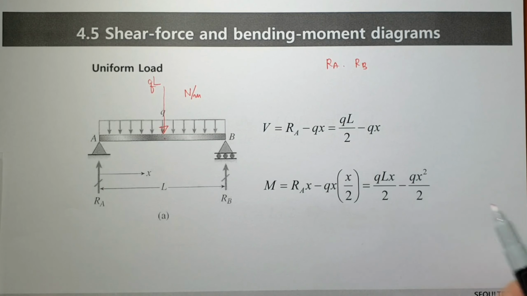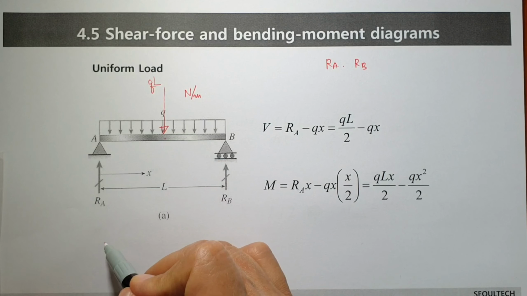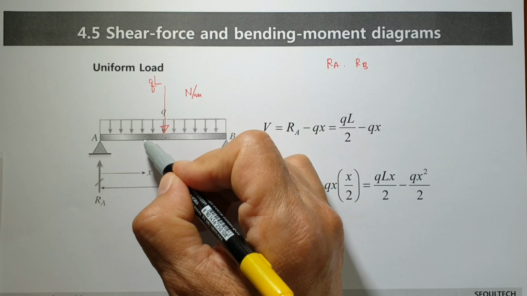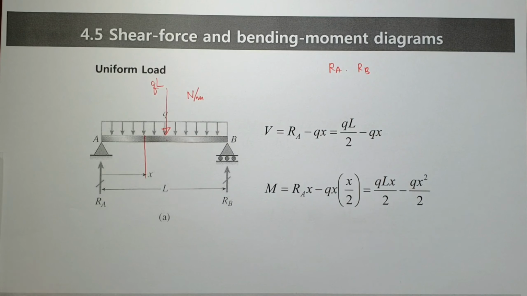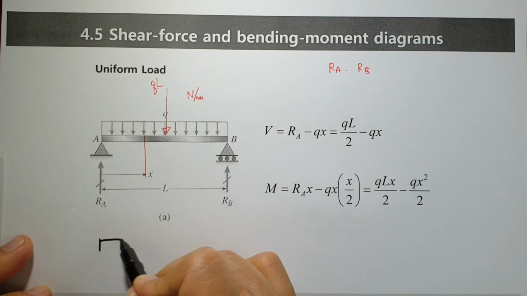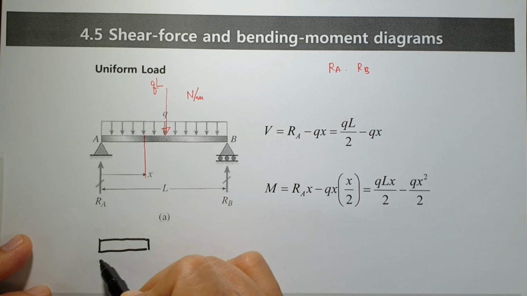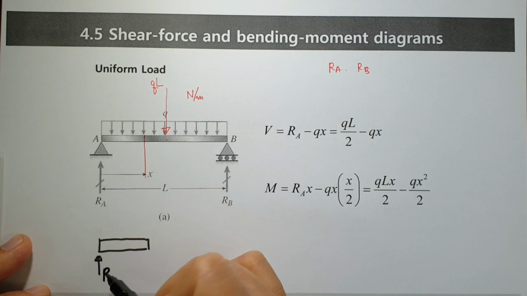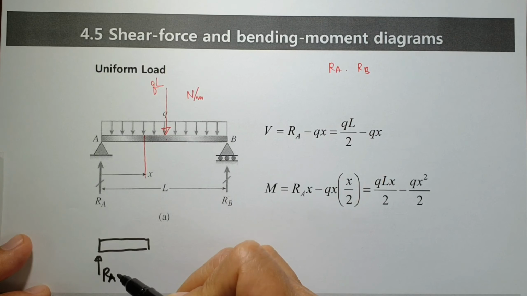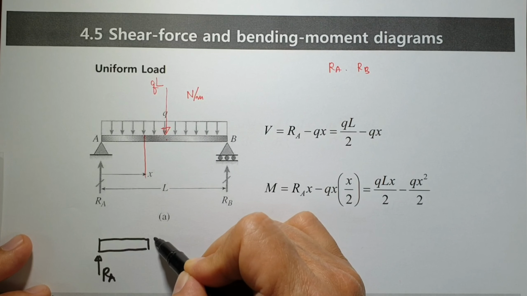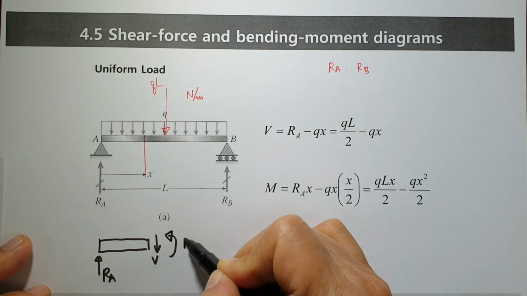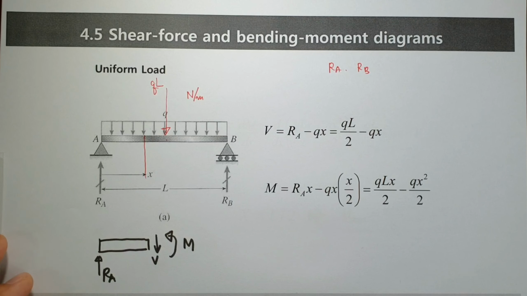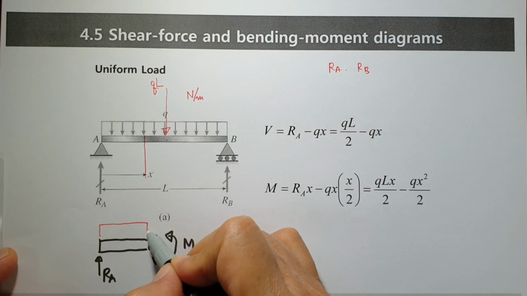Next, when you calculate shear force, you can cut this amount. Then draw a free body diagram. On the left side, RA, A, and here downward direction is positive V, and this one is what? Moment, bending moment. And distributed load is acting like this one.